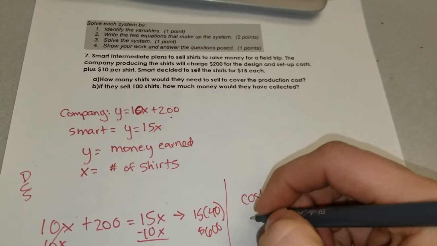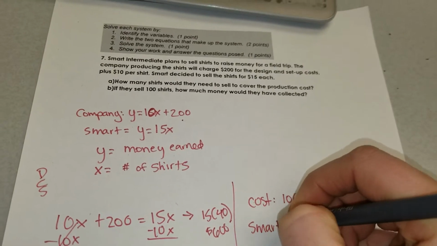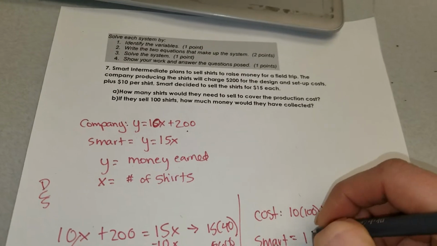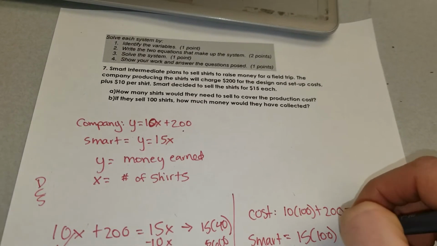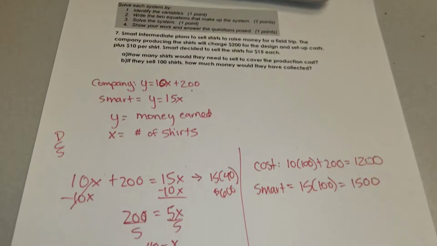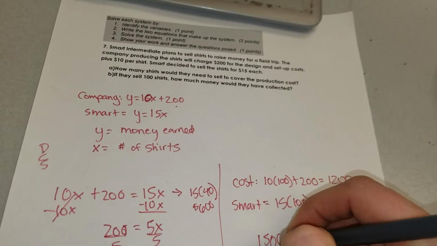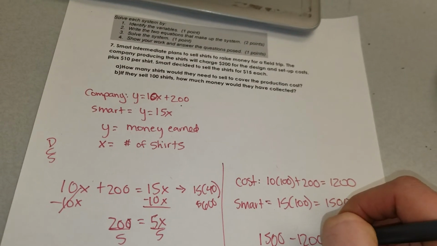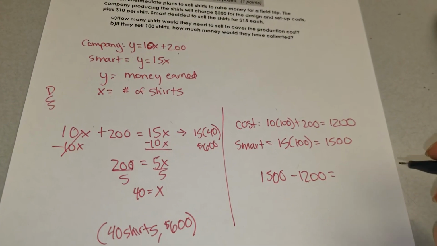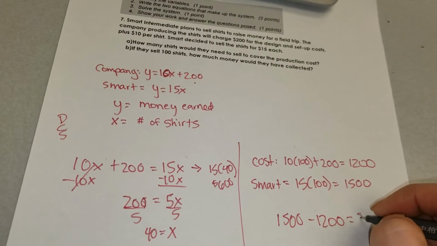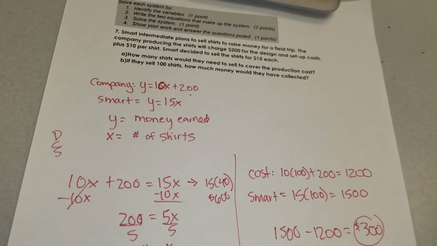Okay, and then how much they make the shirts for. Smart's equation is just $15 per shirt. So that's $1,500. So how much money are they going to actually have? So how much money they've collected after paying the company to make the shirts. So 1,500 minus 1,200 is $300.